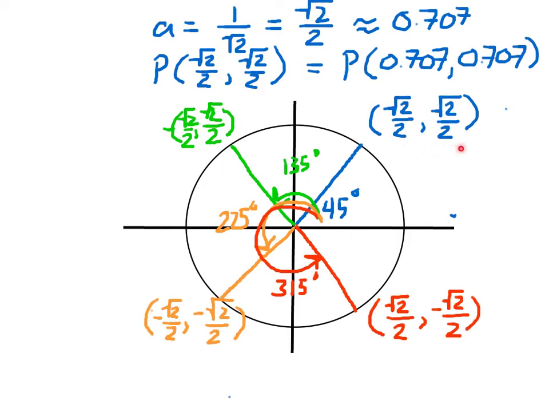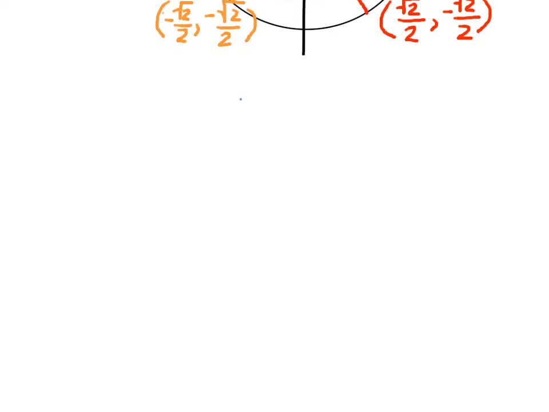So if you can remember, or remember how to calculate the x and y coordinates of the point at an angle of 45, you can quickly find the x and y coordinates of the points for the angles of multiples of 45: 135 degrees, 225 degrees, and 315 degrees. We can do a very similar process for the multiples of 30 degrees.